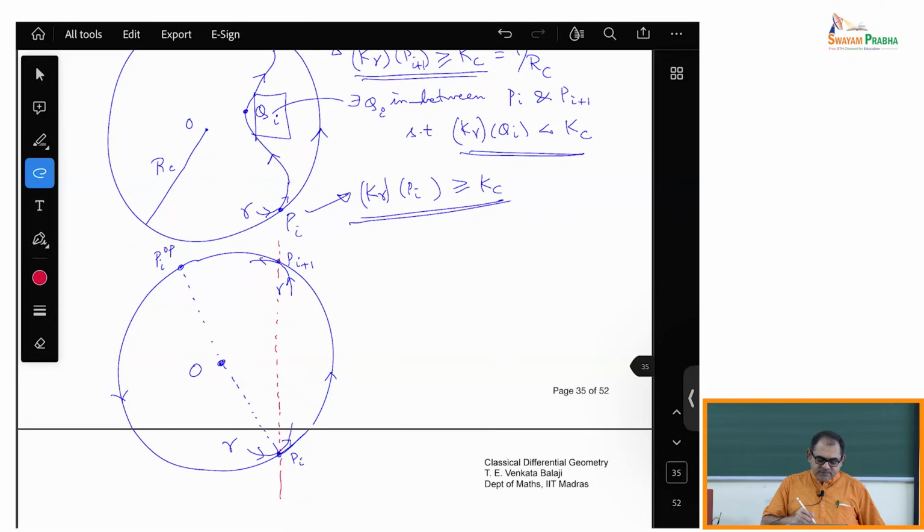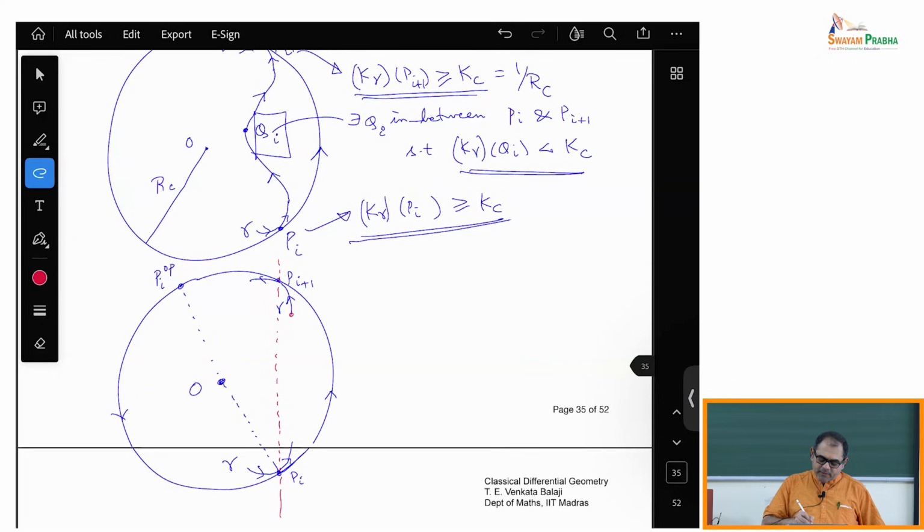Okay, and then you see the thing is that there is always a point q dash on the right side. So of course you could have taken q dash here where gamma enters this portion just before it touches pi plus 1, or you could have taken q dash here also where gamma is leaving pi.